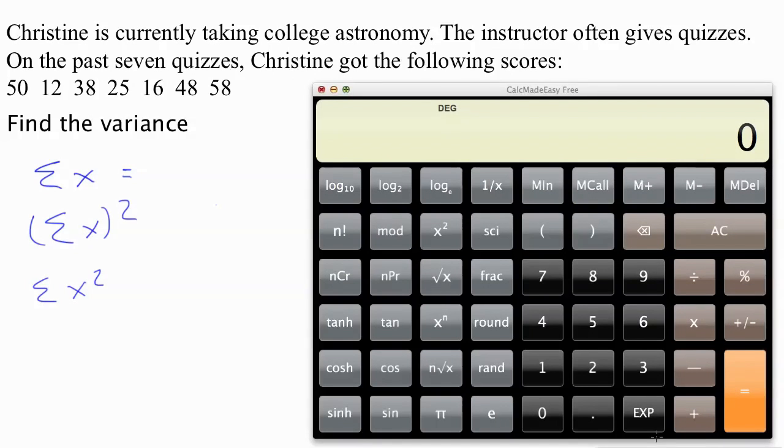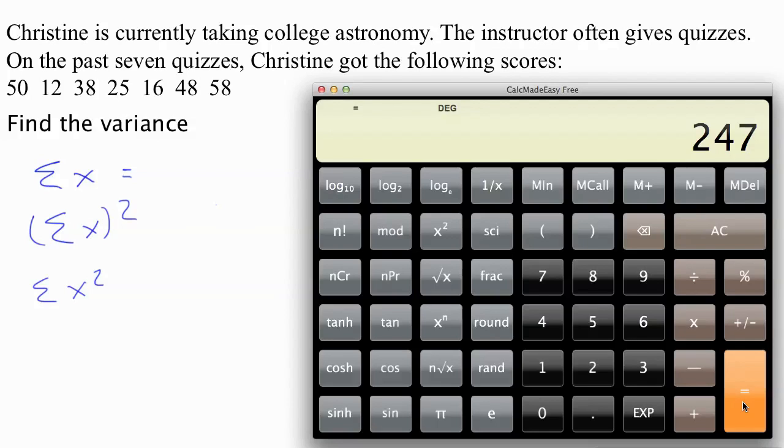So let's get sigma x first: 50 plus 12 plus 38 plus 25 plus 16 plus 48 plus 58. This is equal to 247.